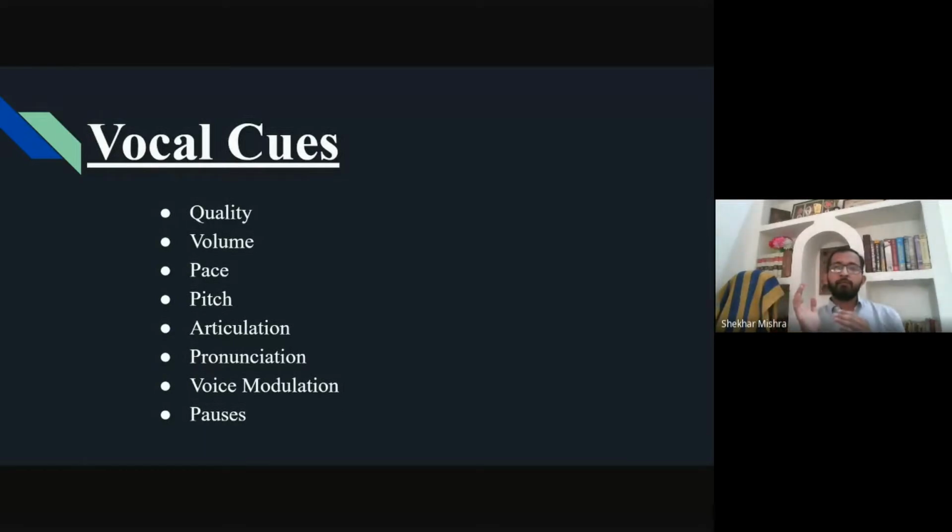And if I am speaking very loud at a place where it needs to be a lower sound, then that's not good. So pitch represents your emotion. Highness of pitch says that you are excited, you are joyous. Lowness says you are shocked, you are sad. Now comes articulation. What is articulation?